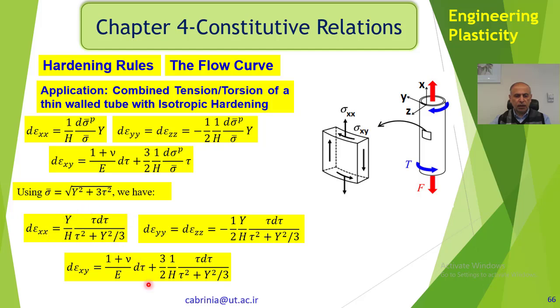You see, here we get the plastic strains, and this H is the gradient at the point where we get this plastic strain. So these are the values for the incremental plastic strains. Now we could integrate these and get the plastic strains.